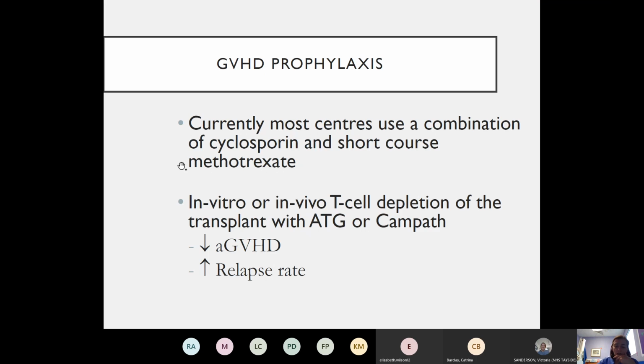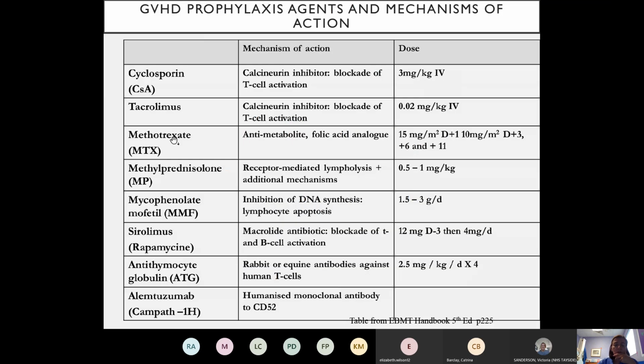Other drugs we use, sorry for flicking about here. Other drugs we use are methotrexate. We can give that post infusion, and it basically deals with donor T lymphocytes. Methylprednisolone reduces your lymphocyte numbers and is a kind of blunderbuss anti-inflammatory.